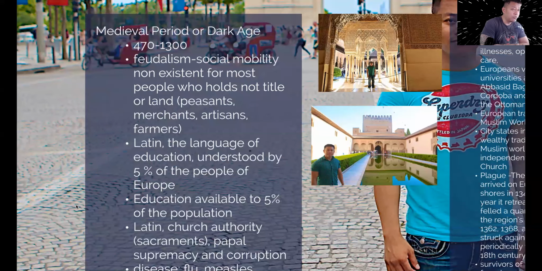The majority of the people, 95% of the people who own no land, like the peasants, the merchants, the artisans, the farmers, depend on the lords for their livelihood, and the lords have absolute power over them, because these people entered into a contract with the lord for the right to live on the lord's land in exchange for absolute obedience.